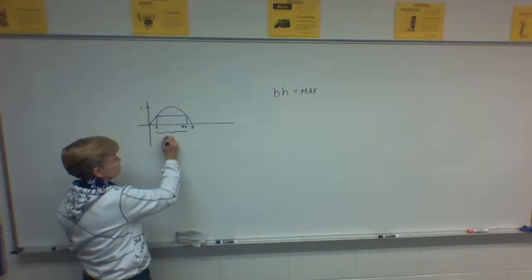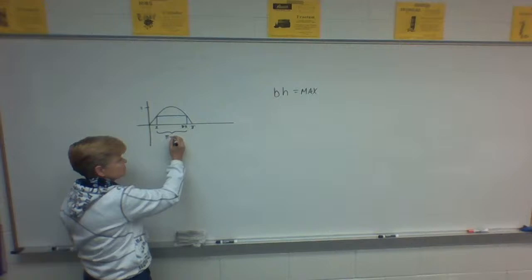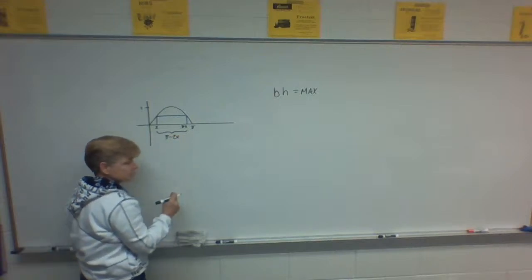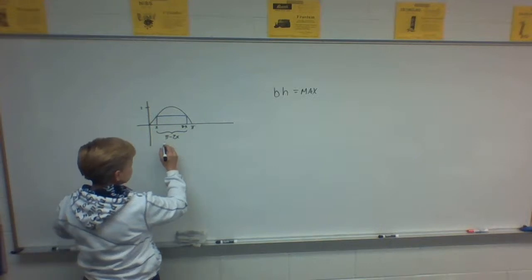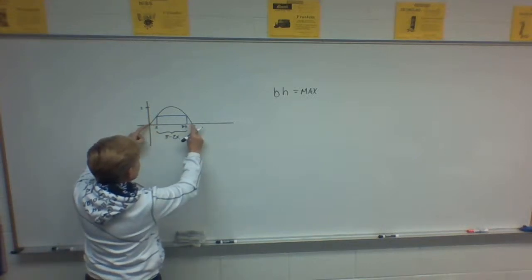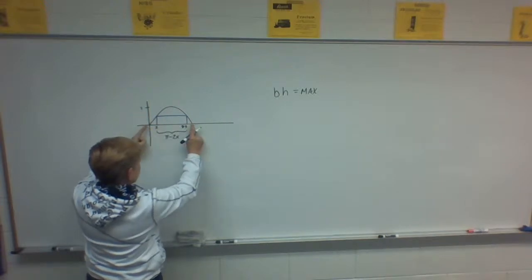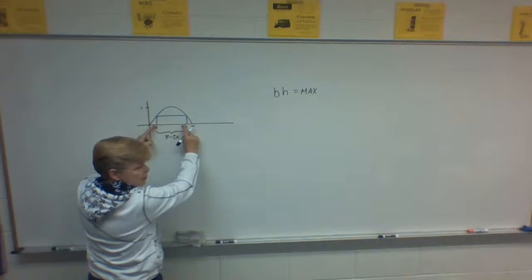Pi minus 2x. Two ways to think about this. I came in x from here and x from here. I've used up 2x's here, so what remains is the pi minus 2x that I came in. That's the geometric idea of it.